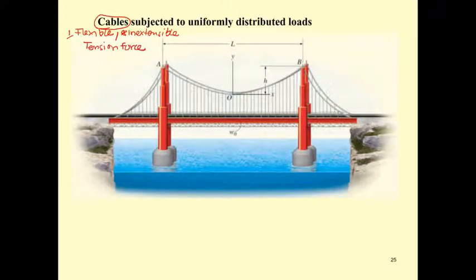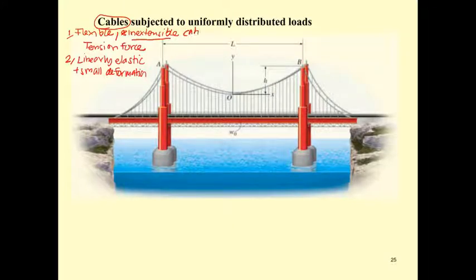And I should add some more assumptions since they relate to the mechanics of materials. The cable behaves linearly elastic under the applied force, and it has small deformation, which is related to the inextensible cable.